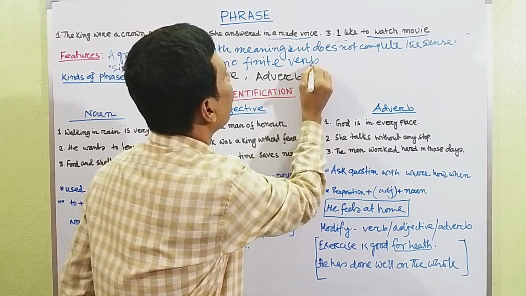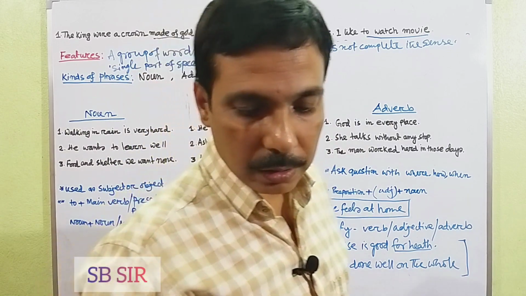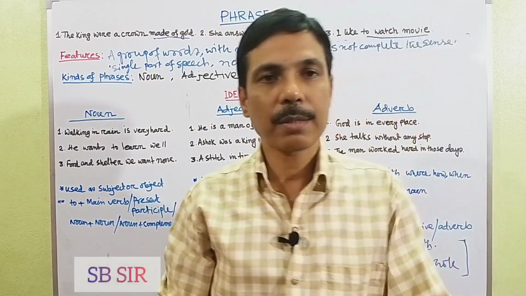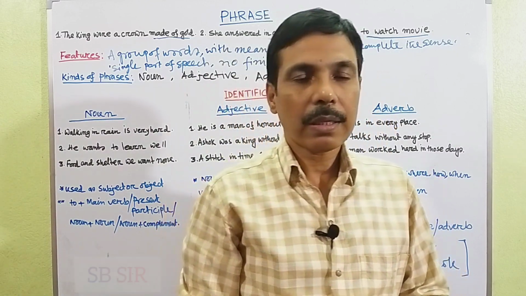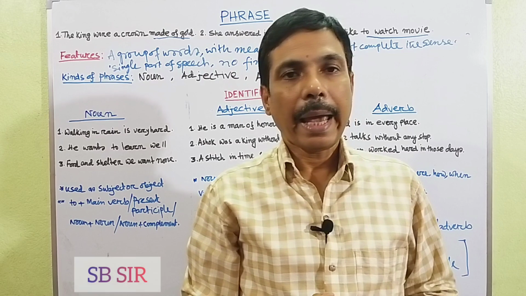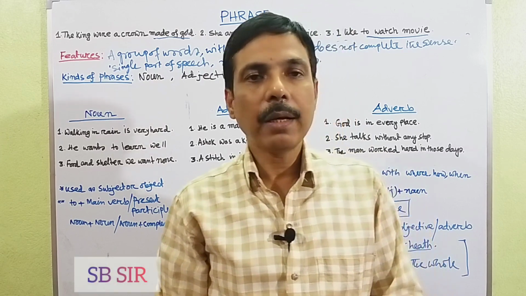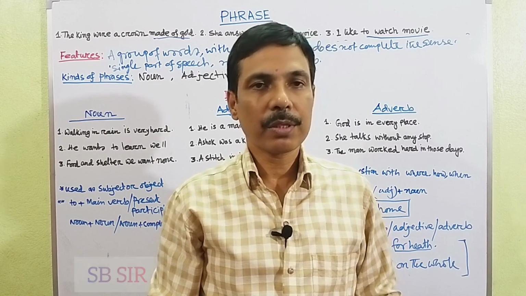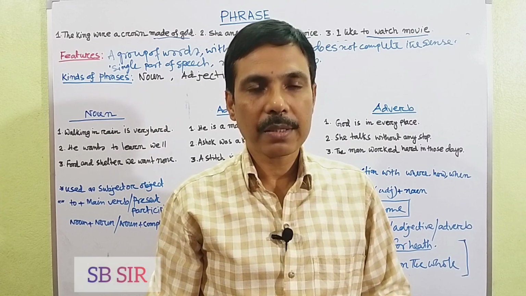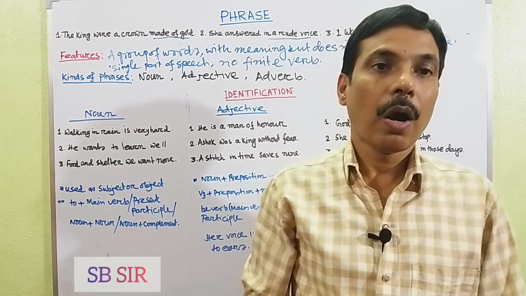Now we discuss finite verb. Briefly explain the finite verb. What is called finite verb? Finite verb means the verb which completes the meaning of the sentence where it is used. Finite verbs make complete the sense of a sentence.